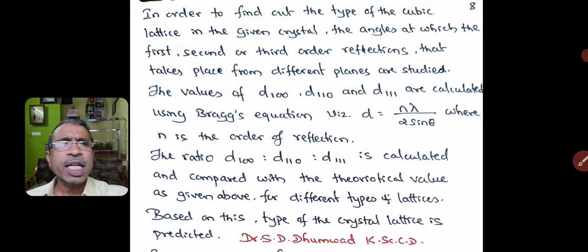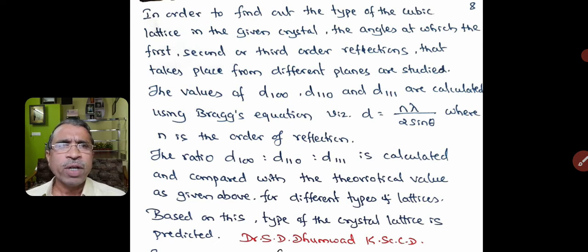And through the experiment, we calculate the angle. Based on the angle, we calculate the distance. In order to find out the type of the cubic lattice in the given crystal, the angles at which the first, second and third order reflections take place from different planes are studied.